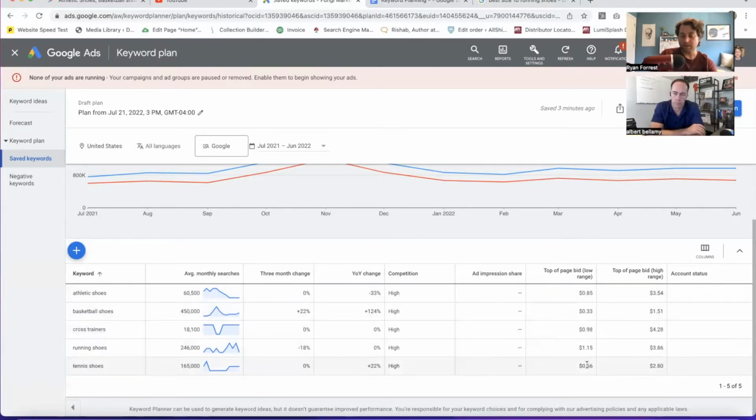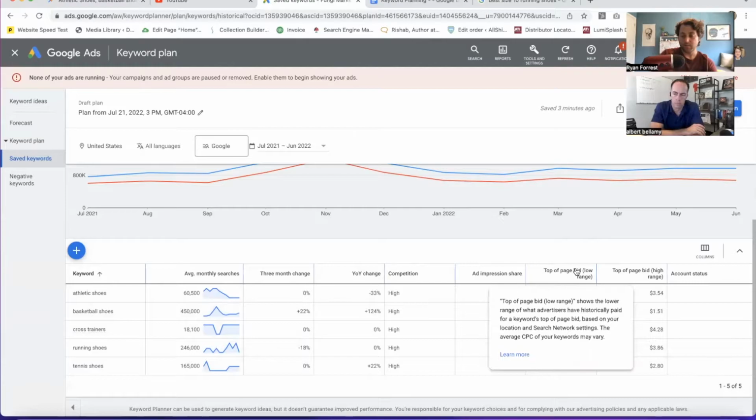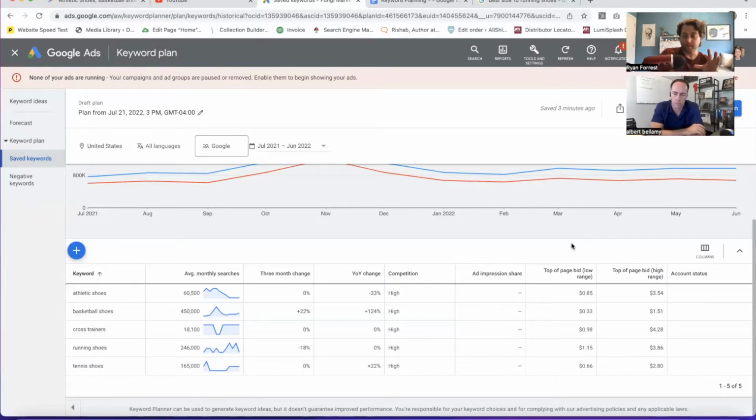Over here, I don't know that I believe this. I want to verify it. The top of page bid low is sort of the historical figure if you wanted to be at the top of Google, because with Google Ads you're bidding for top placement, or the highest placement you can stand. So saying 85 cents would be a lower range of the top bid for the keywords.